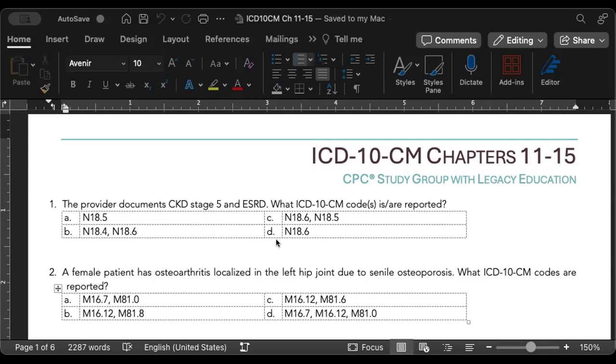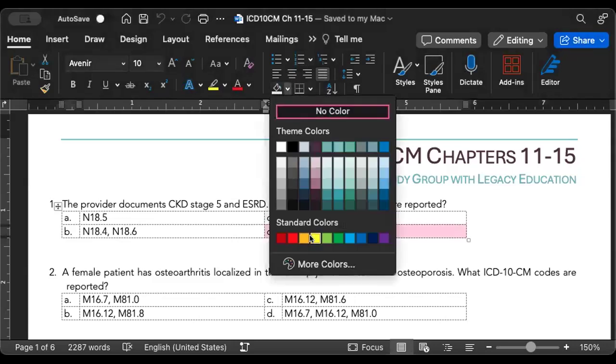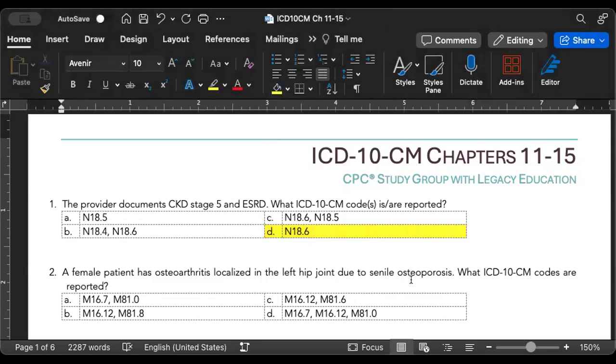We'll give everybody another couple seconds to flip to that guideline and give their answer as well. Okay, yep. N18.6, so we should only report the end-stage renal disease. So we will code N18.6.